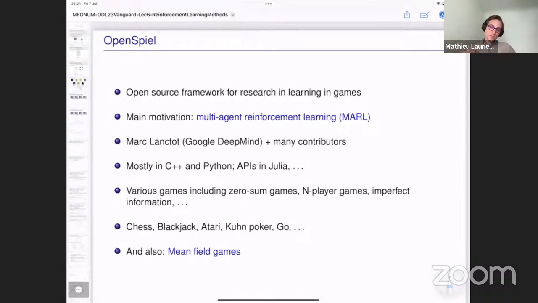OpenSpiel is an open source framework for research and for multi-agent learning. It was developed by Marc Lanctot at Google DeepMind, and then several other contributors, more and more contributors, in C++ and Python. And it covers many games, including chess, blackjack, Atari, poker, Go, and others. So for example, the algorithm used for AlphaGo and even for AlphaZero is implemented in this library, right?